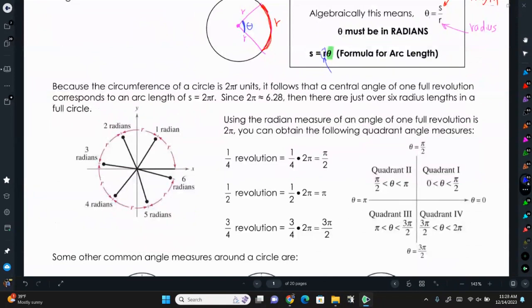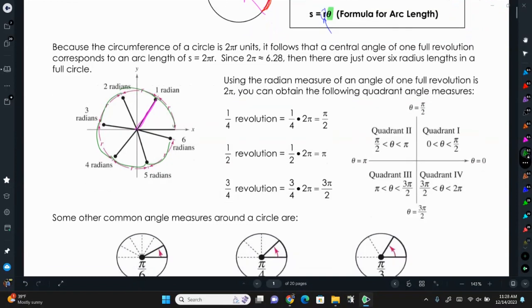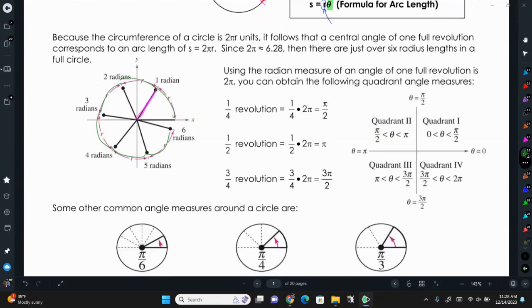So again, if we look at this picture, this is the radius. There are a little over 6 of those lengths of segments all the way around. And depending on where that radian measure is, we know what quadrant we are in as well, based off of this over here that we're going to see frequently.